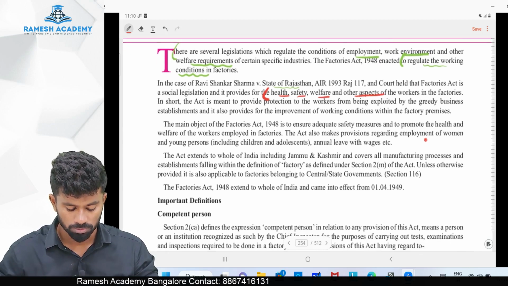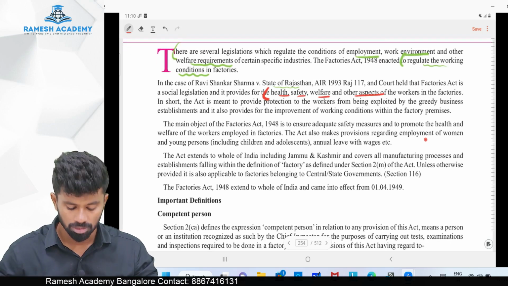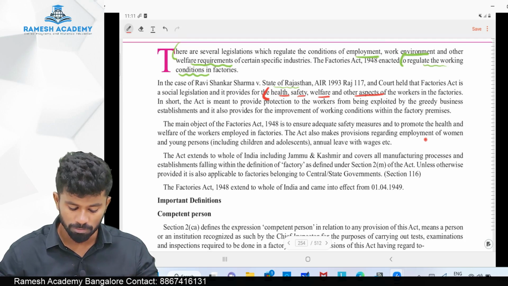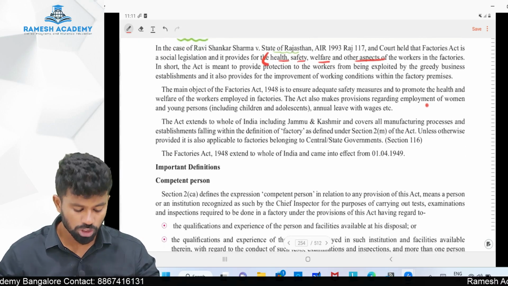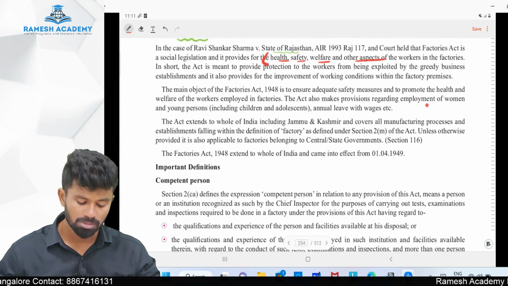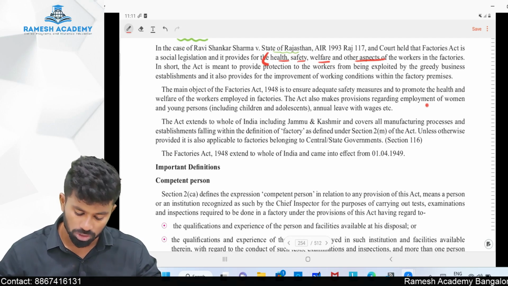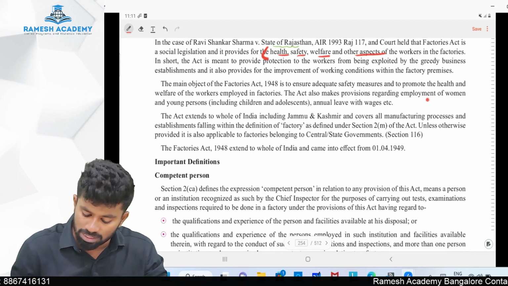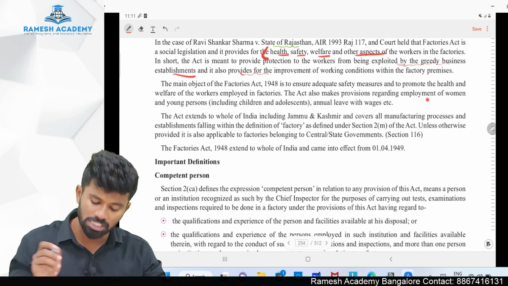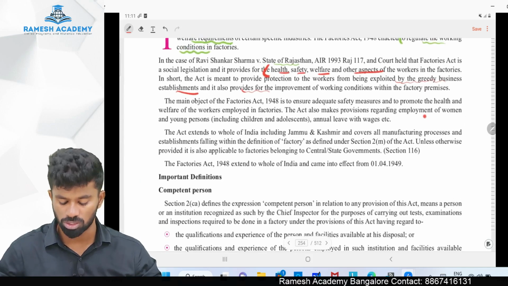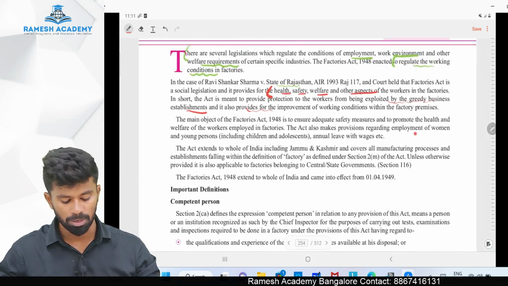In short, the act is meant to provide protection to the workers from being exploited by the greedy business establishment and also provides for improvement of working conditions within the factory premises.